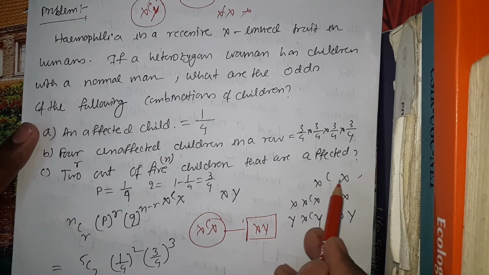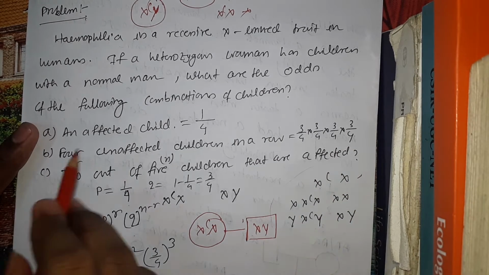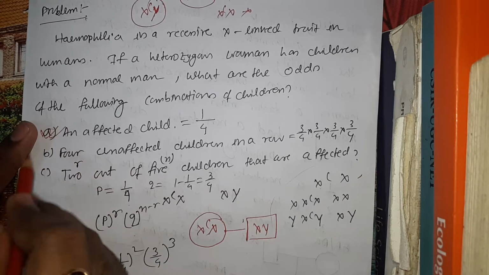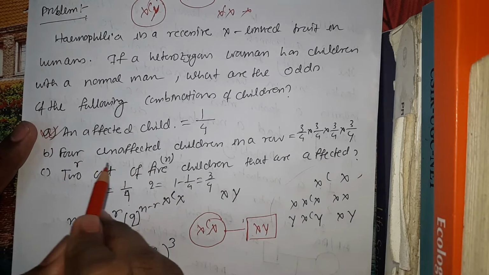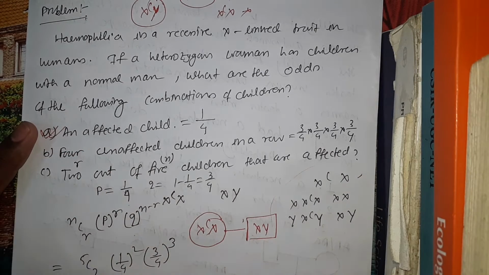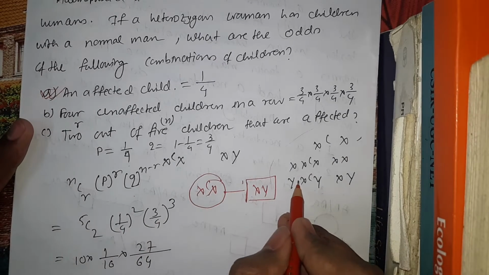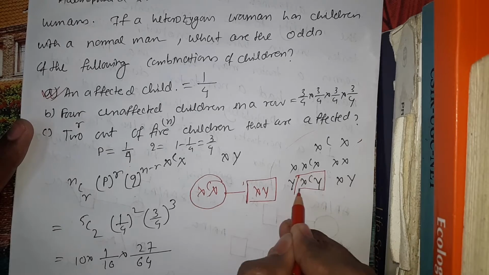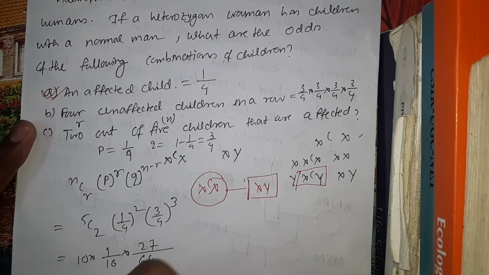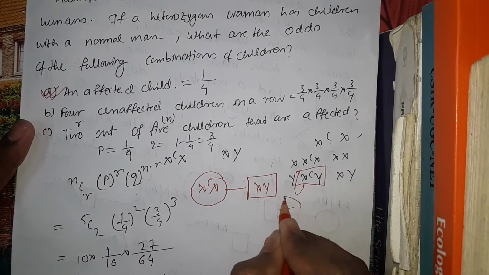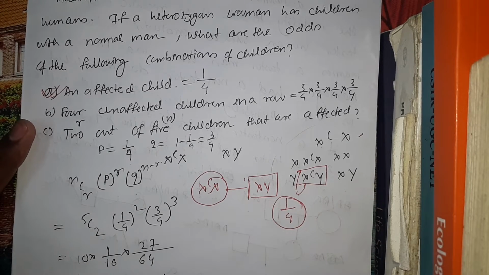I have already made the Punnett square here. They want to know the probability that the child will be affected. As the Punnett square shows us, only this is the case where the child will be affected. So the probability that the child will be affected is simply 1 by 4.